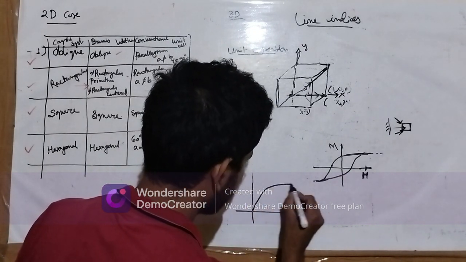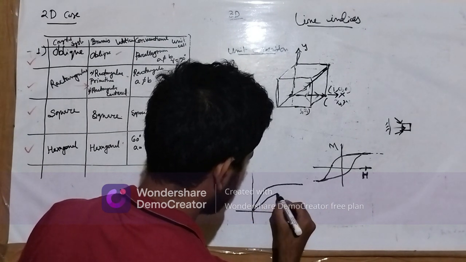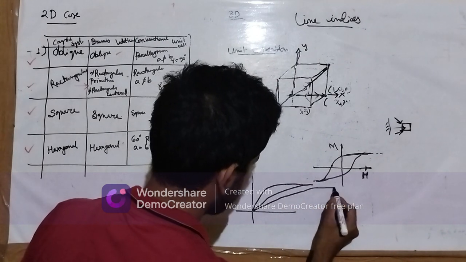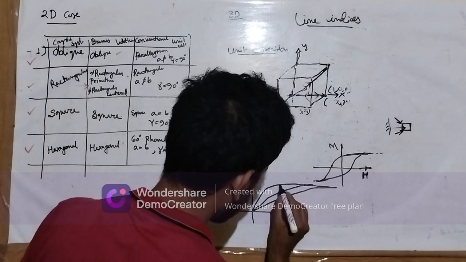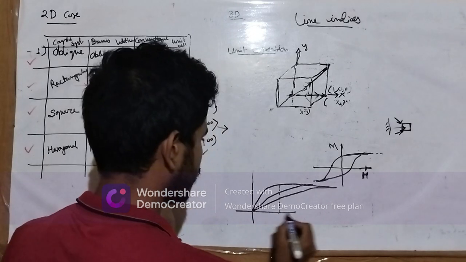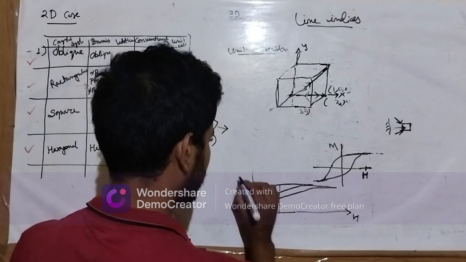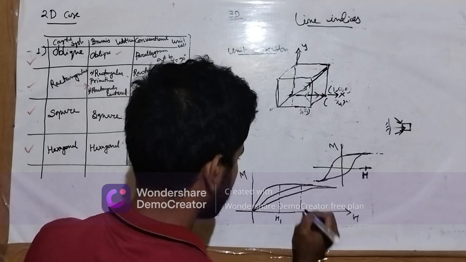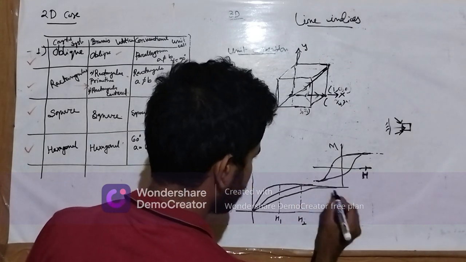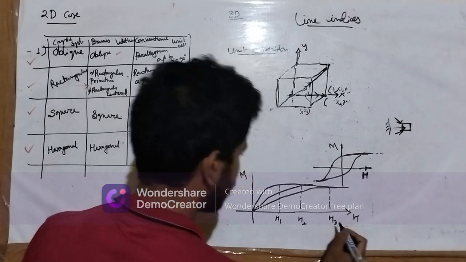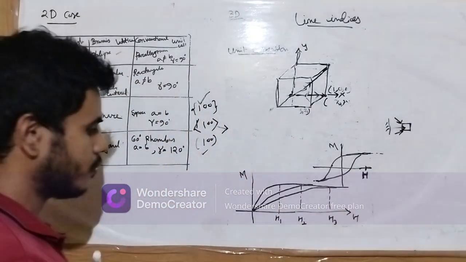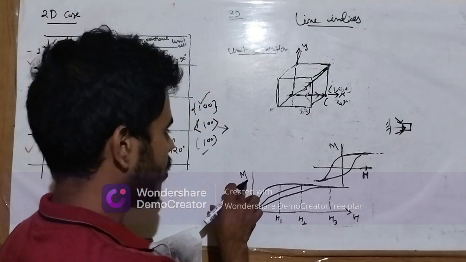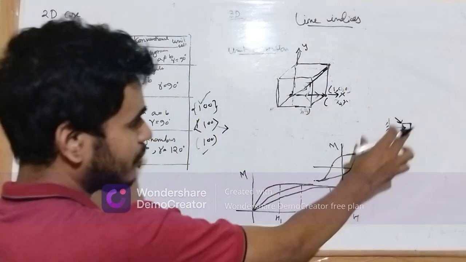Let's suppose this. Here at this point is the saturation point on the HM graph, and there is another saturation point, and there another. What is the meaning of these different saturation points, different H values for the same type of material?